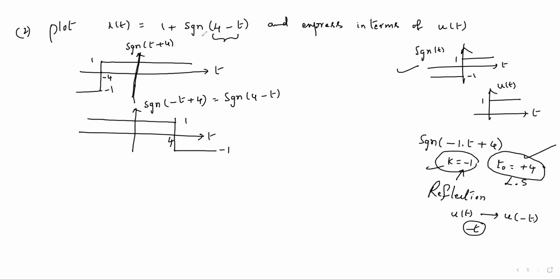Now we have to add the DC function 1 here. So for this signal, add the DC signal 1, so that you will get x of t.